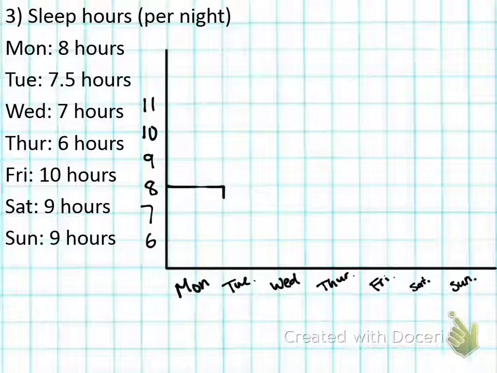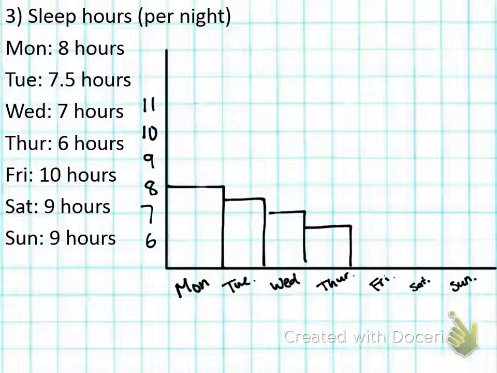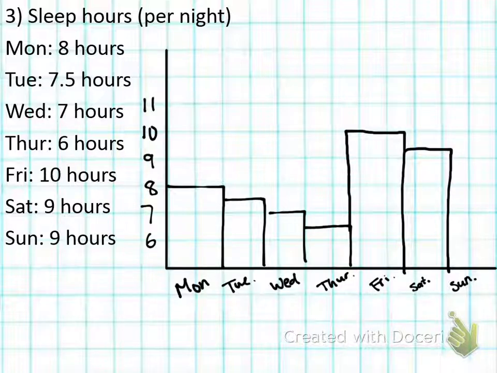So I'm going to go 8, 7.5, 7, 6. What's that? 10. Oh, I didn't do 6 correctly.